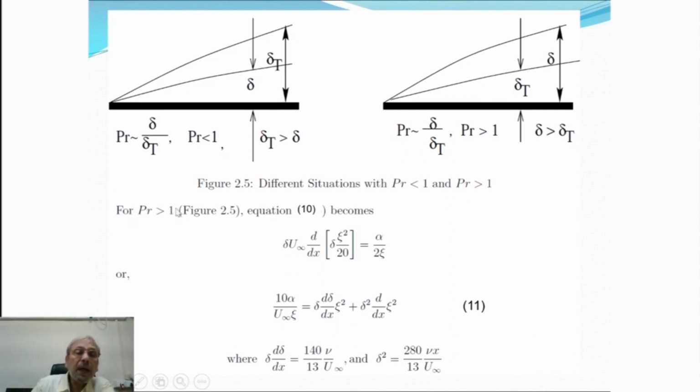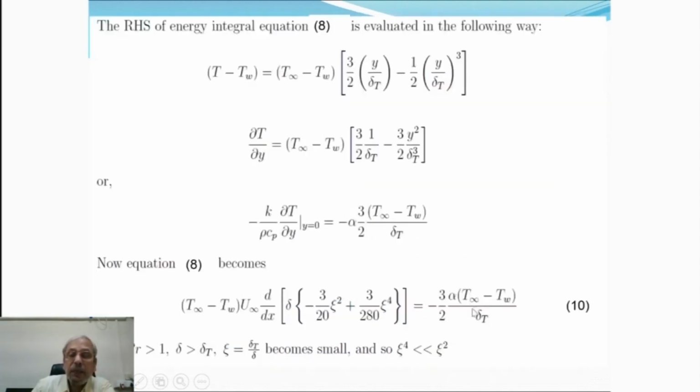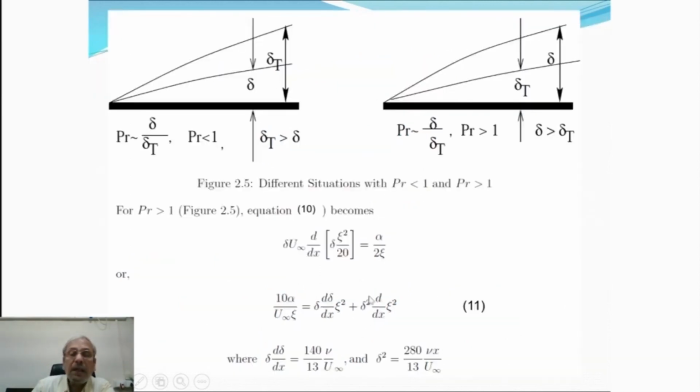So with Prandtl number greater than 1, in equation 10 which we have written, we can drop this term, and we can write δ u∞ d/dx of (δ ζ²/20) equal to α/(2ζ). Then from here we transfer the 10 to this side: 10α/(u∞ ζ) and here d/dx of (δ ζ²/20).